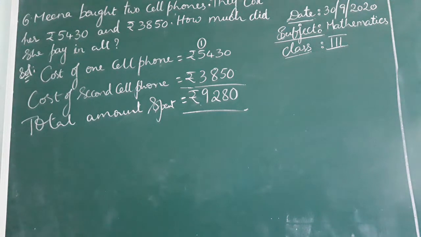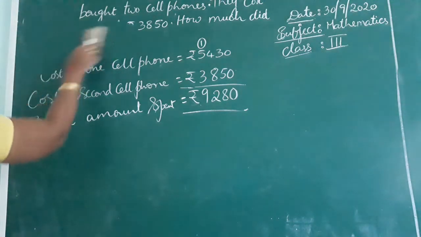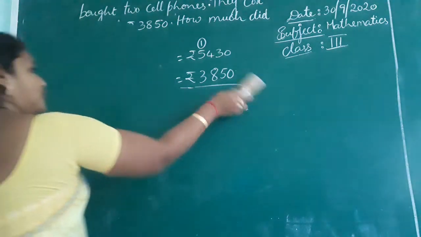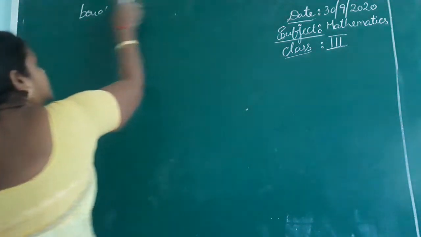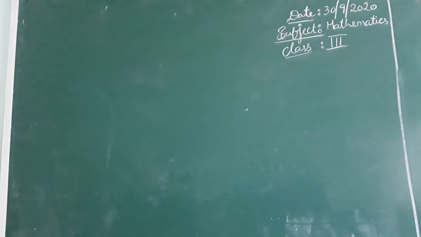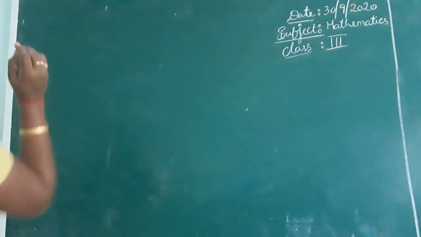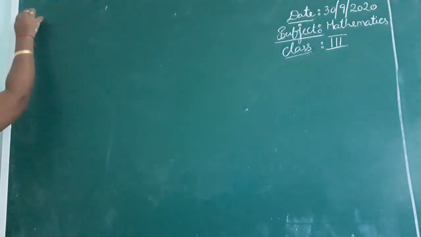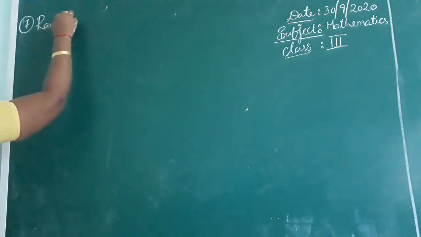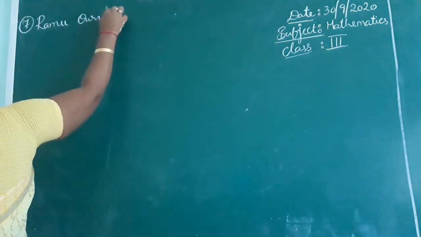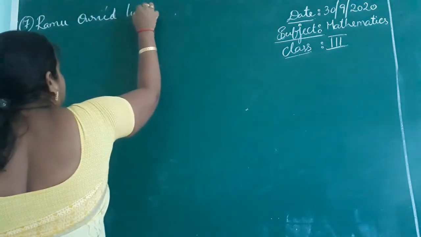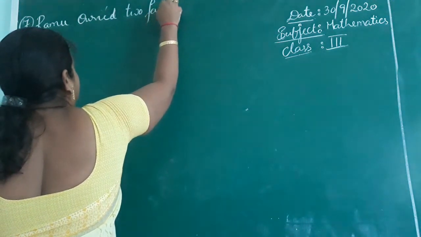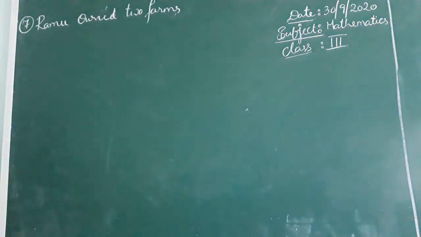Ramu owned two farms. Owned means he bought or he has two farms. Those are coconut farms.